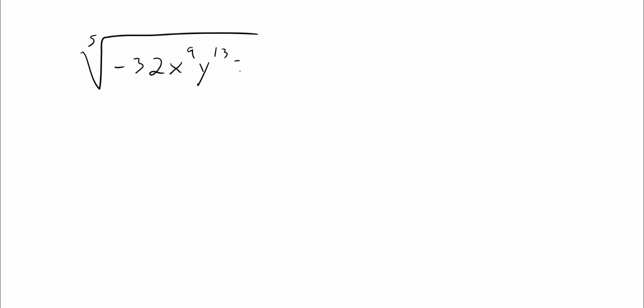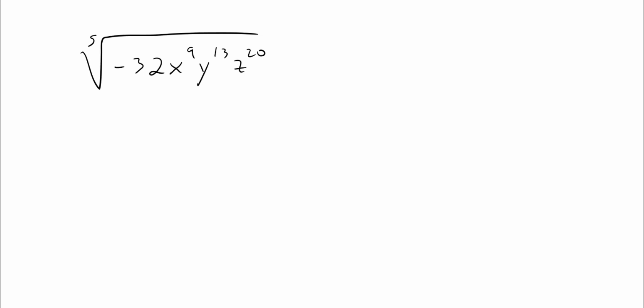All right, last problem that has kind of everything on it. If I said, let's do the fifth root of negative 32, x to the 9th, y to the 13th, z to the 20th.